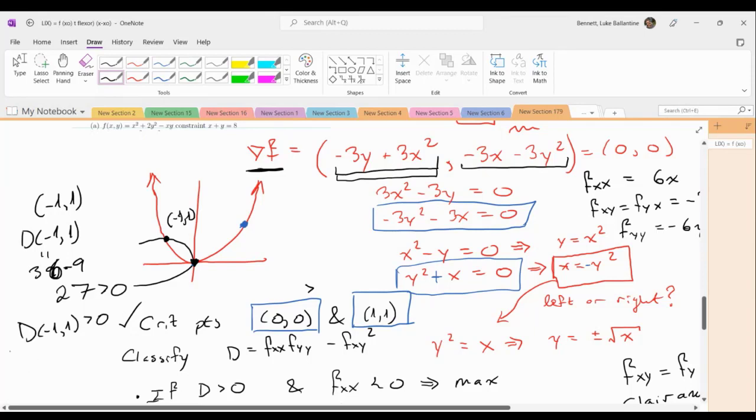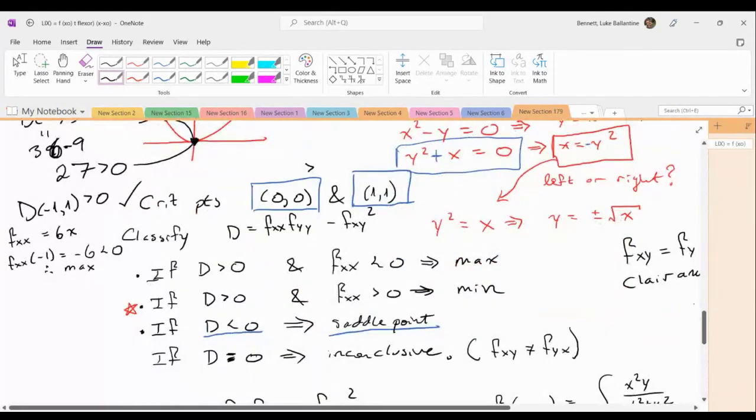So then all we need to do is determine the sign of fxx. If fxx is equal to 6x, then what is fxx of negative 1? This is negative 6, which is less than 0. So, therefore, there's a maximum. If D is greater than 0 and fxx is less than 0, then it's a maximum, according to this first one right here.